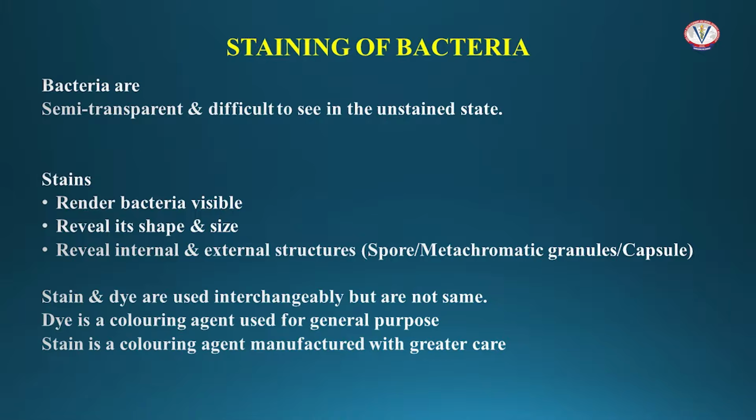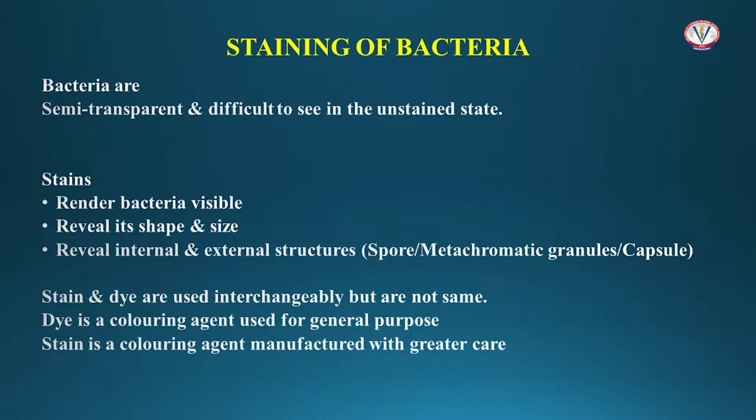Bacteria are semi-transparent and difficult to see in the unstained state. So, stains are used to render bacteria visible, to reveal their shape and size, and to reveal various internal structures like spore, metachromatic granules, and external structures like capsule, and to produce specific physical or chemical reactions.